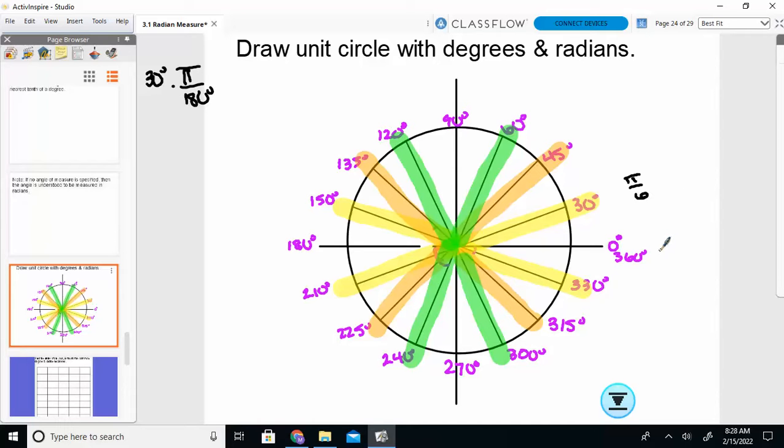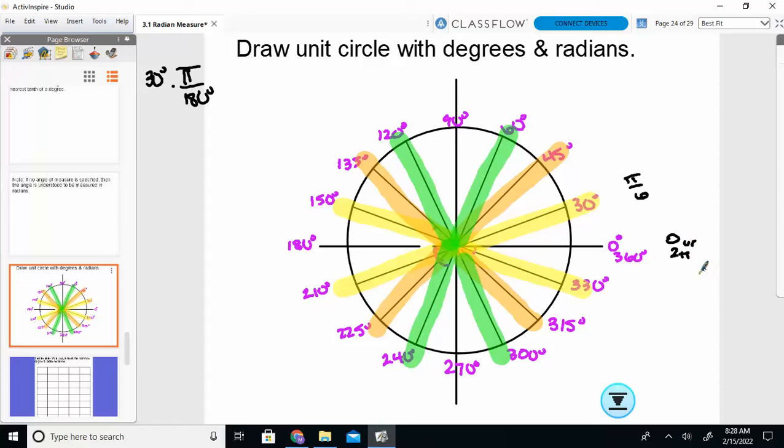I guess I didn't do my 0. What's 0 times pi over 180? 0 times anything is still 0. So this is 0 radians. Or 360. If you did 360 times pi over 180, what does that give you? 2 pi.